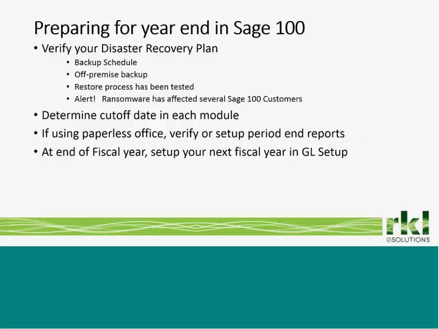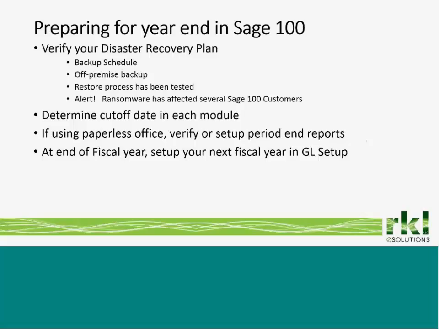And we've had a few customers that have had to do this, so you do want to make sure that your backups are restorable, because if you run into a situation where you have to restore, obviously you need to have a good backup and know that that hopefully is recent so that you don't lose days worth of work. So that ransomware threat is real, so be aware of it and just make sure that you have backups.